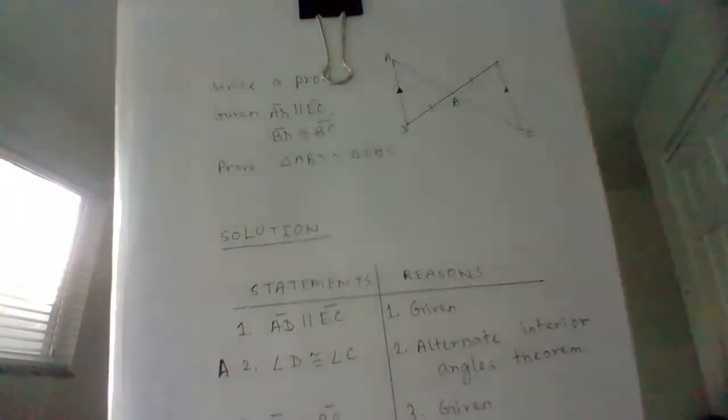Now I'm showing you the proof part, and here you can clearly see what you have to write. Definitely you will get a chance if you make any error in writing the ASA theorem, so please be cautious in correcting. Here is the solution.